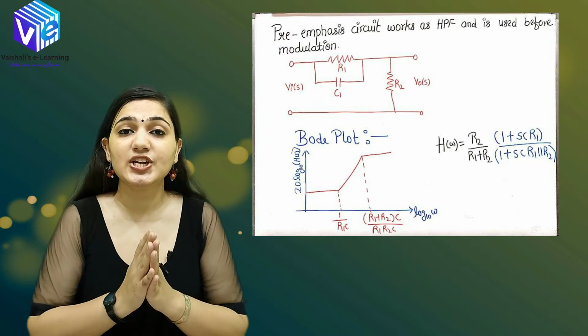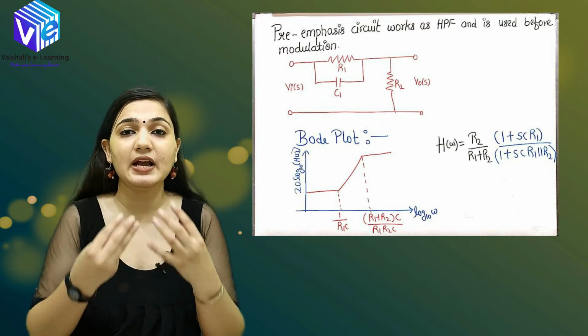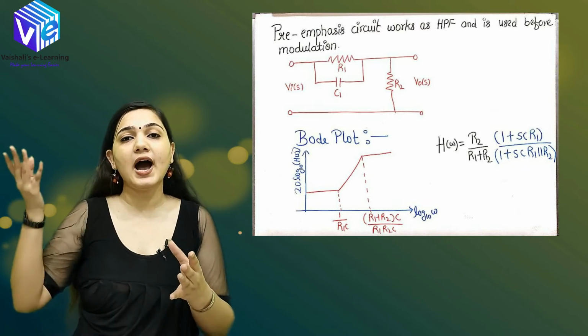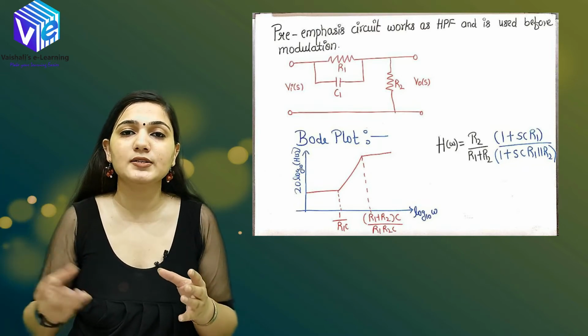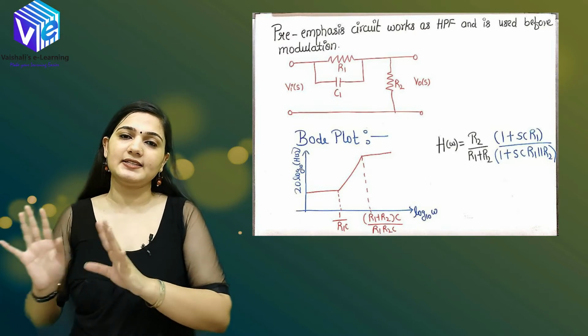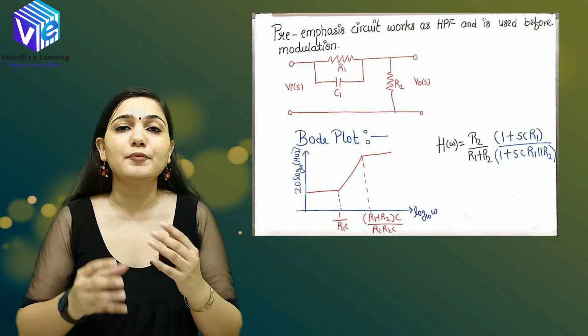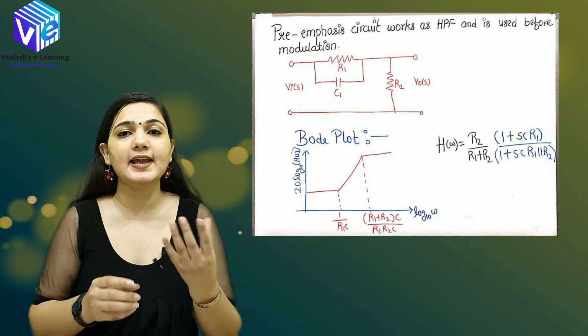So here also we are providing higher gain to the higher frequency message signal, so that if more noise affects it, it will be easily detected at the receiver. To improve the signal to noise ratio, we are using a circuit like a high pass filter.